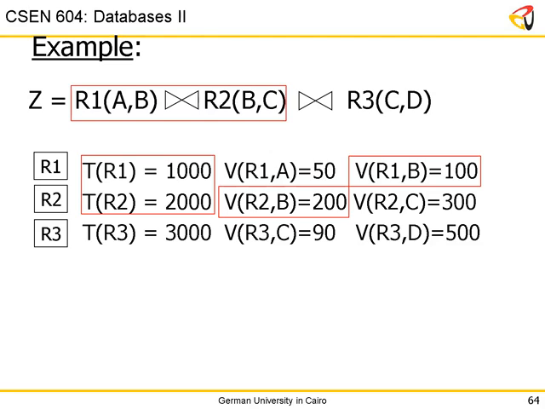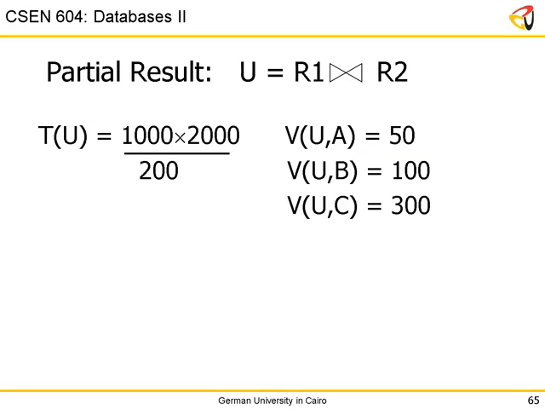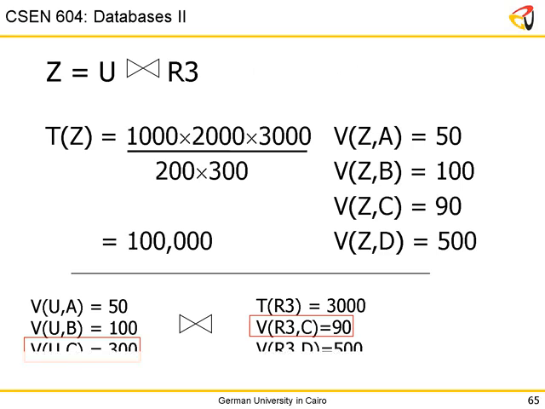So it's going to be TR1 multiplied by TR2 divided by the maximum of the two, which is 200. That will give me a new table U, and then I will do a join between U and R3. Okay, so this is my U with the different parameters. And then I will join it with R3.